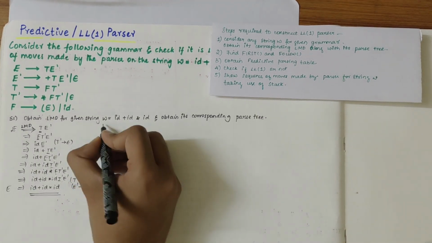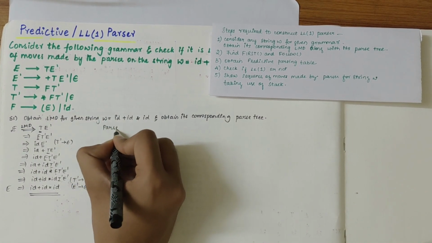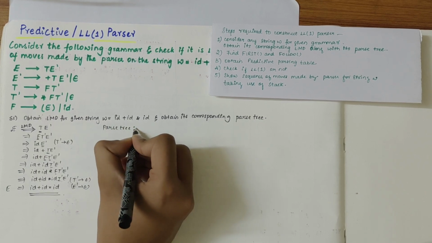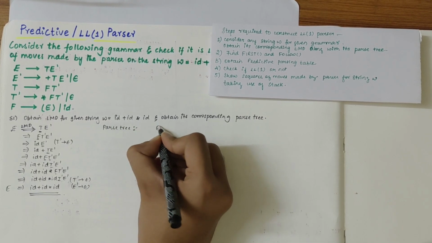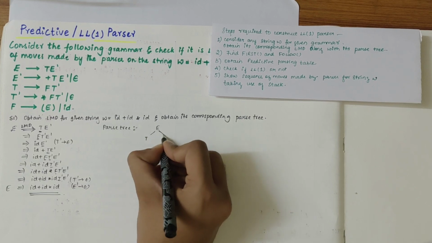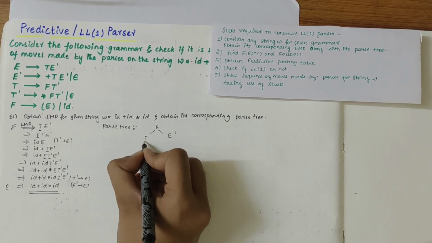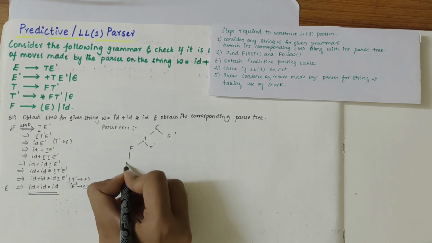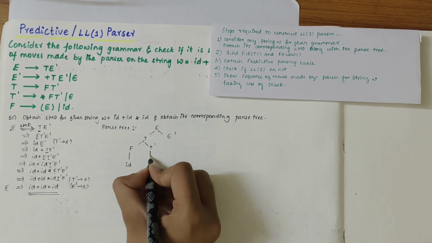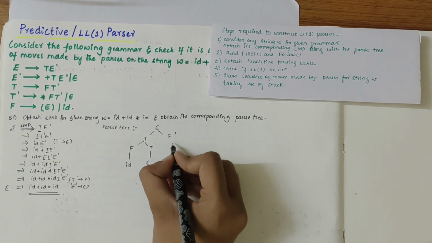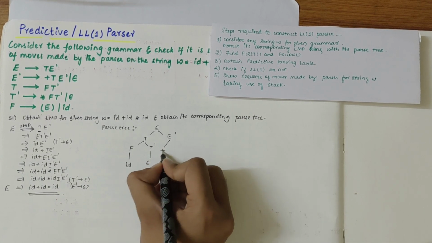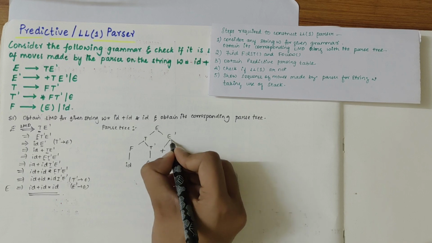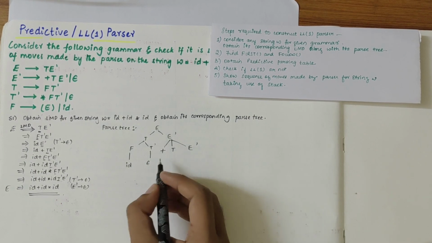Now constructing the parse tree, we would get E derives T and E dash, and from T we have F and T dash, and from F we write it as ID, and from T dash you write it as epsilon, and E dash when split you get plus T and E dash.